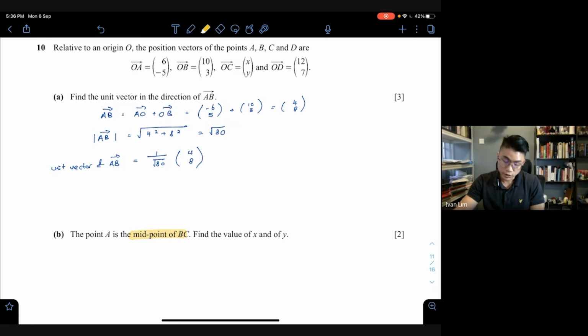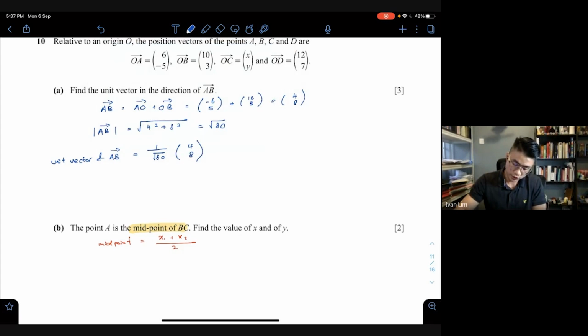Okay, so what else do we have? They say A is the midpoint. So we want to find the average of OB and OC together. Then we just find the midpoint. So it's actually x1 plus x2, midpoint equals x1 plus x2 divided by 2.